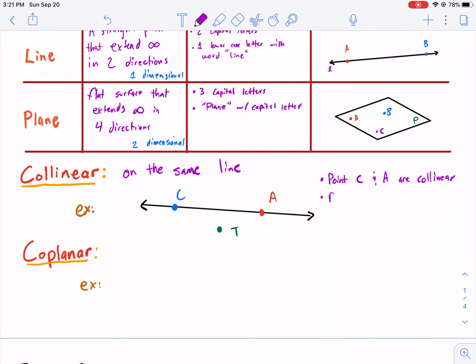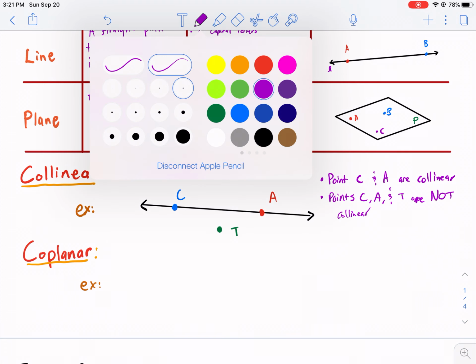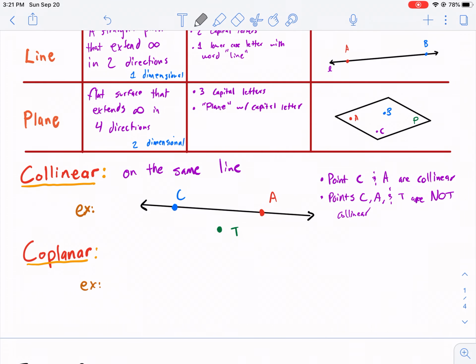The points C, A, and T, now we're talking about 3 points. Are all 3 points on the same line? Are not collinear. But keep in mind this is something that really confuses students. You could always draw a new line that goes through any 2 points.